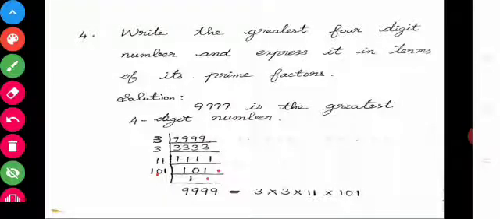The prime factorization of 9999 is 3 into 3 into 11 into 101.